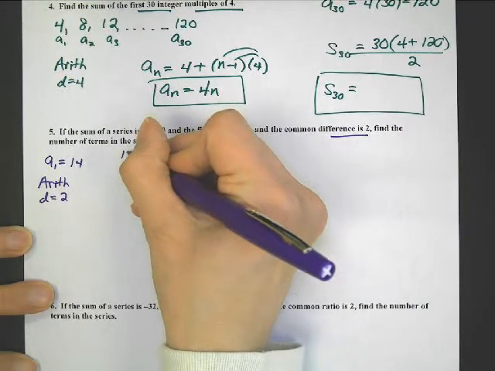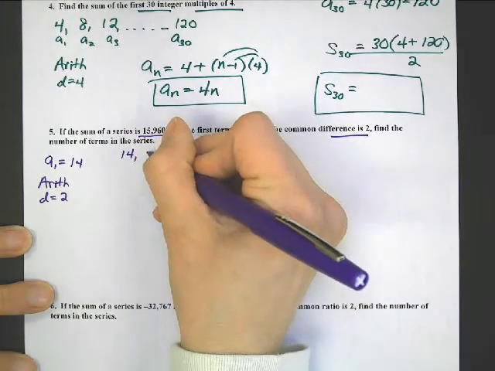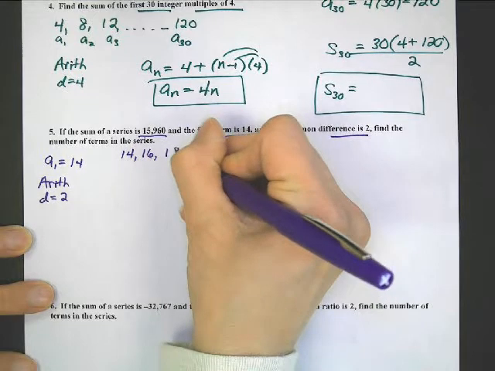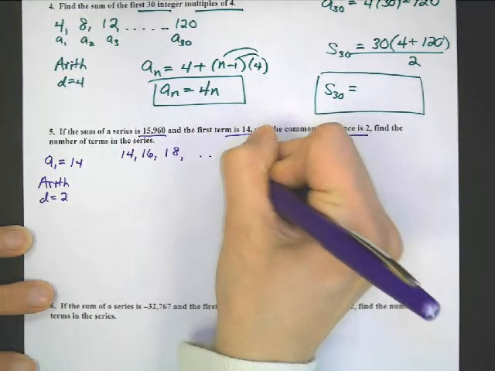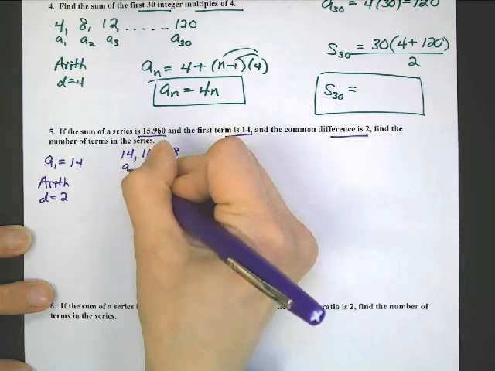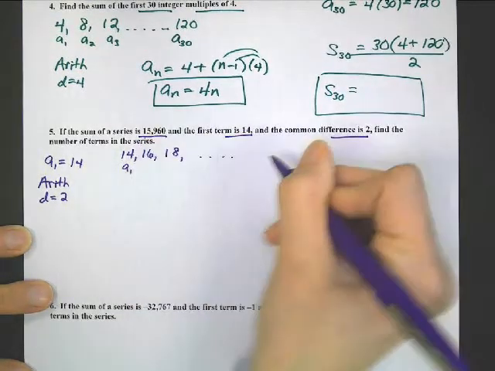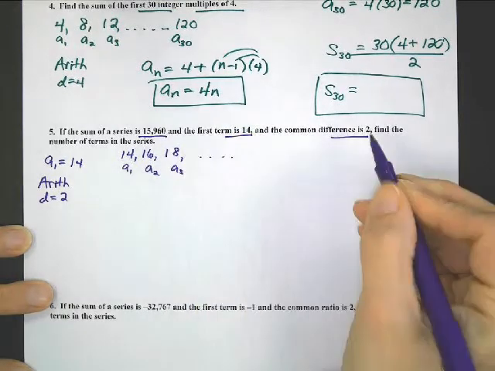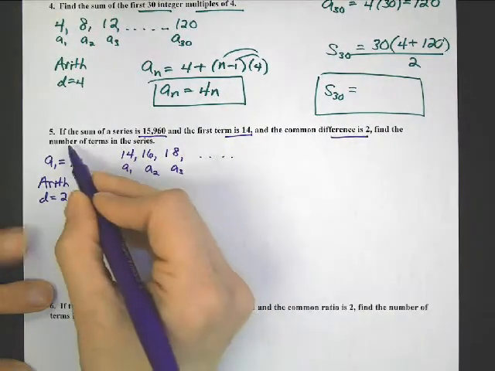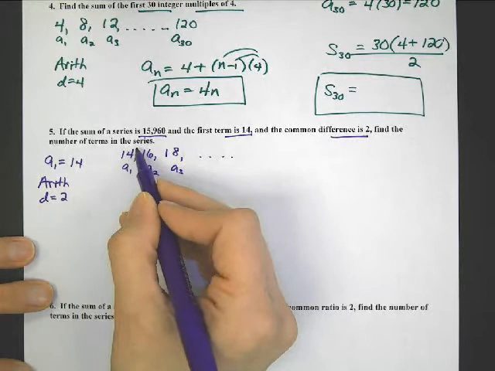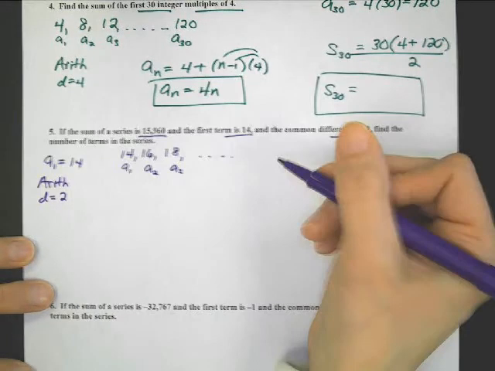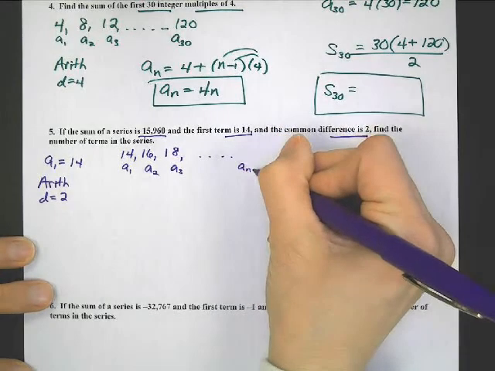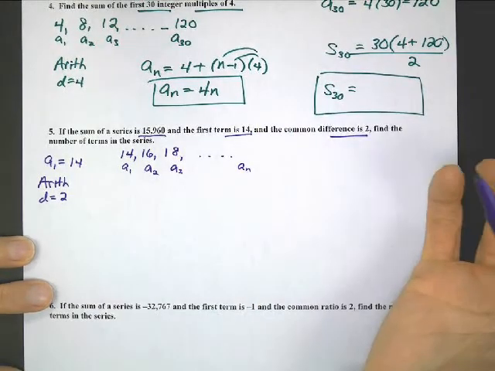So that means I've got 14, and then the next one would be add 2 to get 16, and then 18, and then dot, dot, dot. So this is a sub 1. The best thing to do is make your sequence and then label it. Find the number of terms in this series. So this goes all the way up to, I don't know, I'm going to call it a sub n. Now I can go ahead and make an a sub n formula.